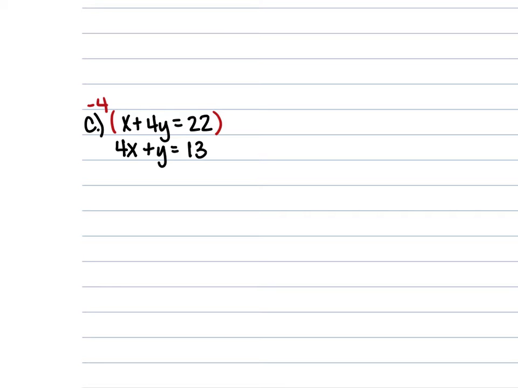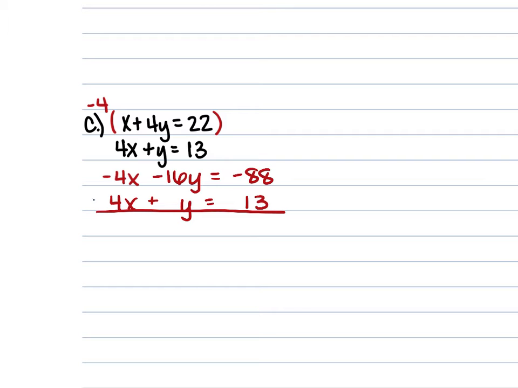So that way I have negative 4x minus 16y is equal to negative 88, as well as 4x plus y is equal to 13. I can add these two. My x's are going to cancel. From there, I have negative 16y plus y, which gives me negative 15y, is equal to negative 88 plus 13.